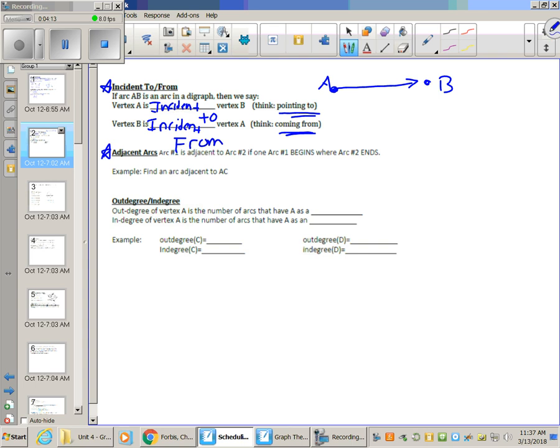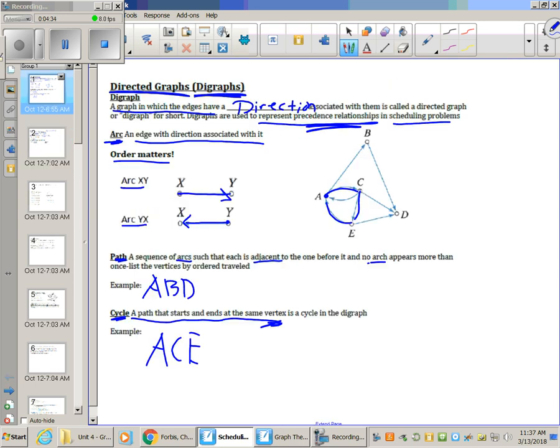The next one is adjacent. Okay, it's a little bit different than adjacent edges in the other examples. But an arc is adjacent to another arc if one arc begins where another arc ends. So let's look at an example. I want to find an arc that's adjacent to AC.